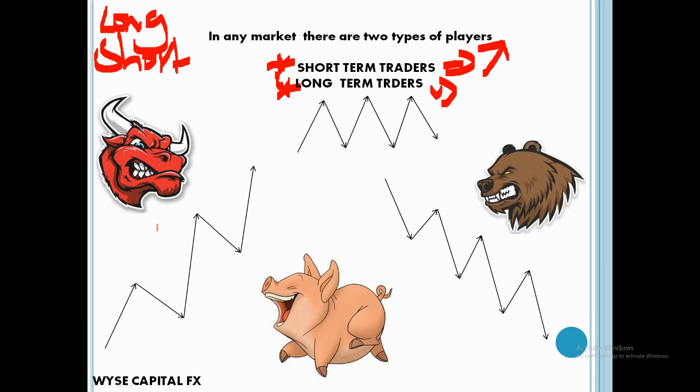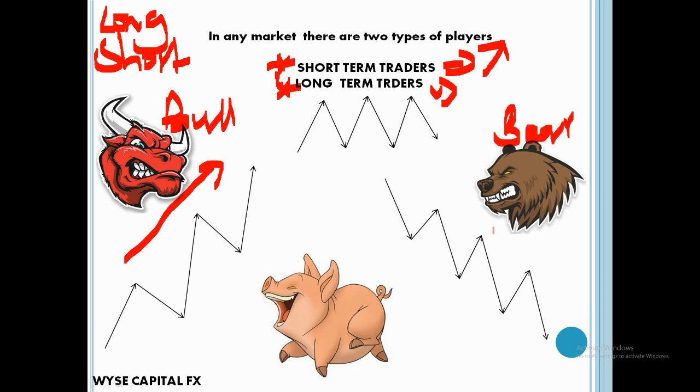So if the market is going up, it means the big guys are pushing the price up, and the big guys can either be bulls or bears. When the long-term traders are in control, if bears, or sellers, are in control, they will tend to push price down, and if bulls are in control, they tend to push price up.